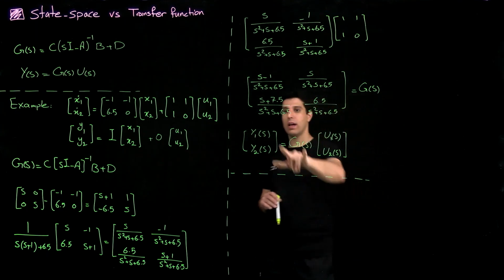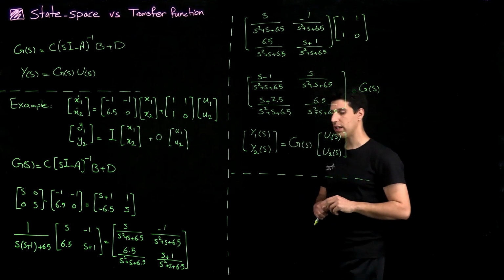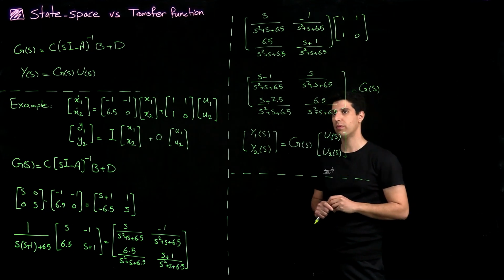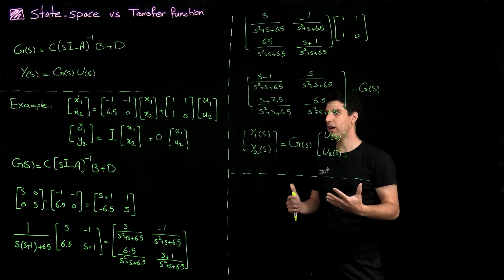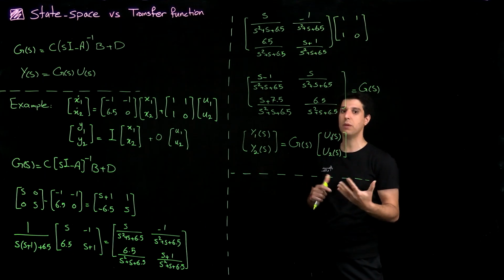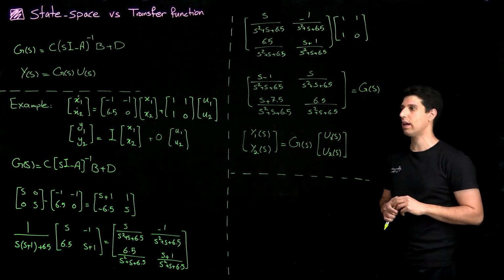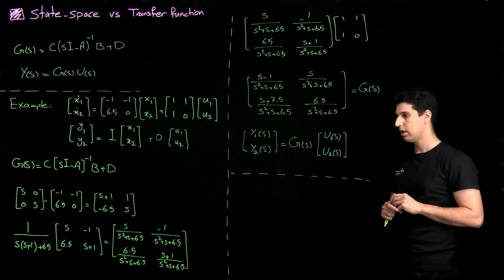And remember that the characteristic equation and the poles of a transfer function very importantly define the way a system behaves.